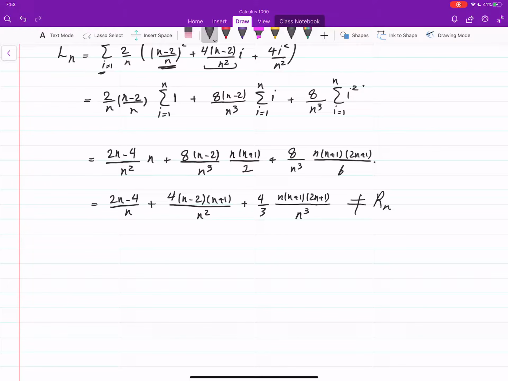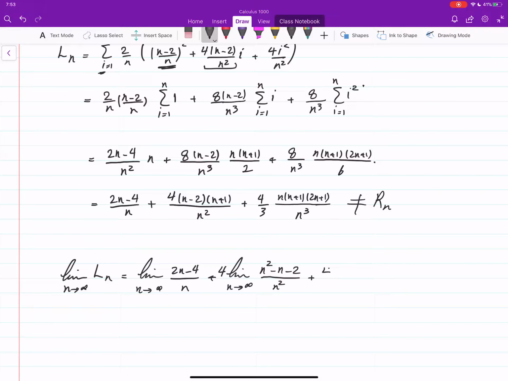But what the theorem says is that the limit of Ln, which is going to be the limit of 2n minus 4 over n, plus the limit of 4 times (n squared minus n minus 2) over n squared, as n goes to infinity, plus 4 over 3 limit of (2n squared plus 3n plus 1) over n squared as n goes to infinity.